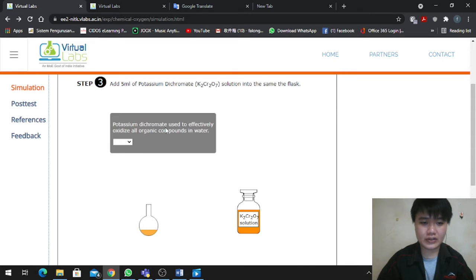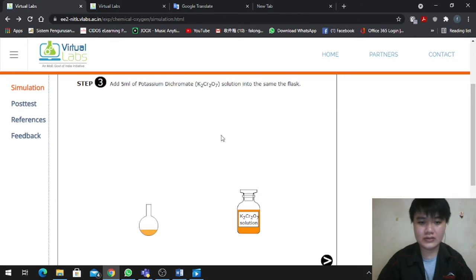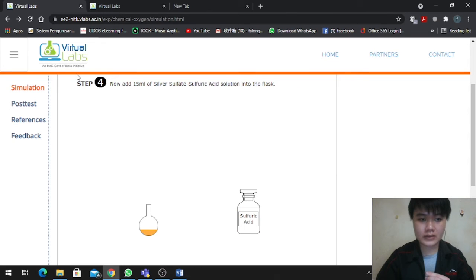Potassium dichromate is used to effectively oxidize the organic compound in water. Step 4. Now add 15 ml of silver sulfuric acid solution into the flask.